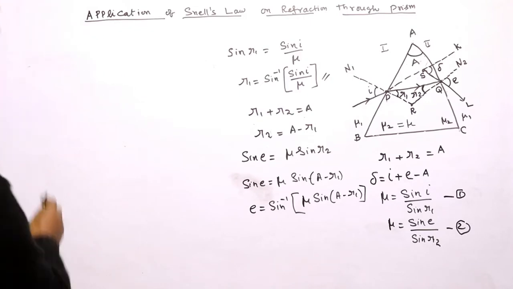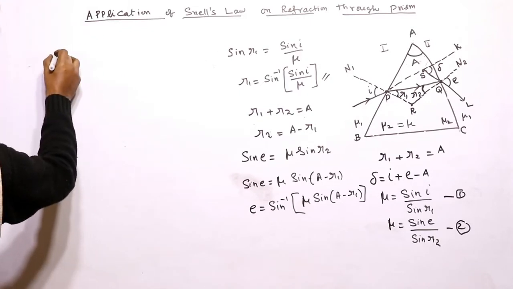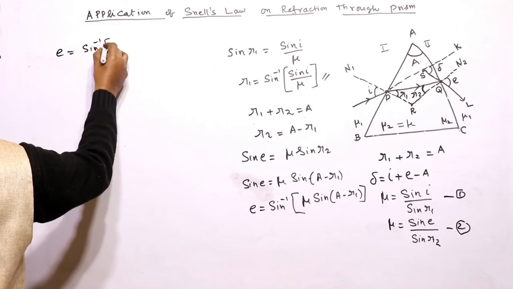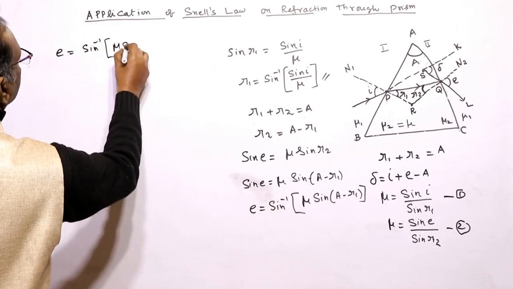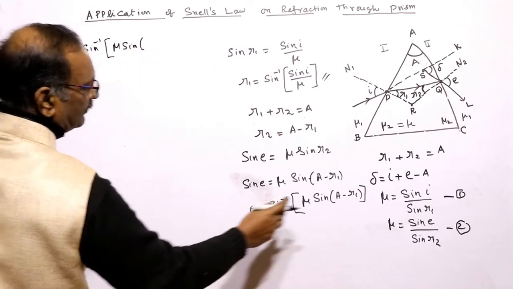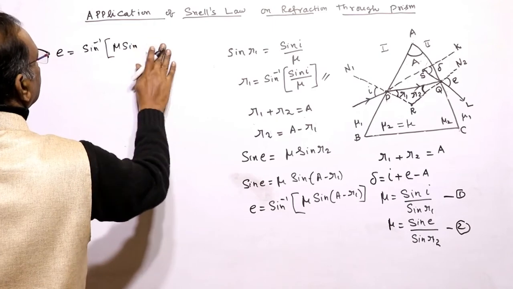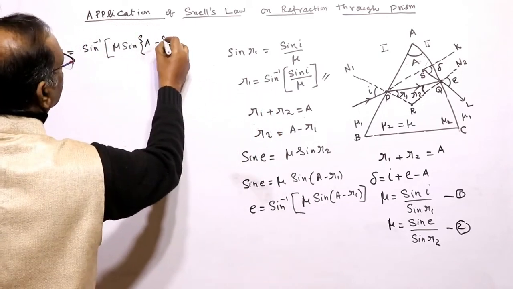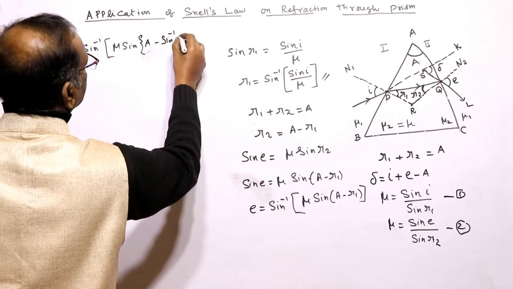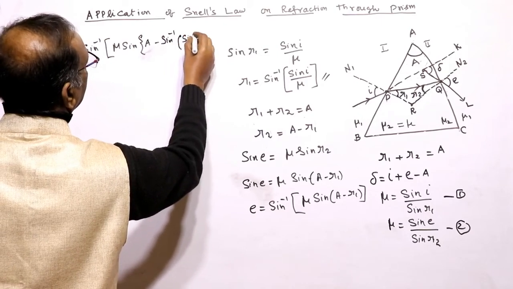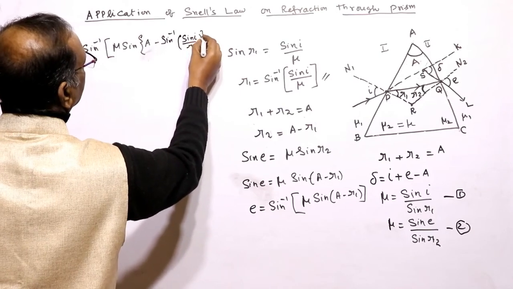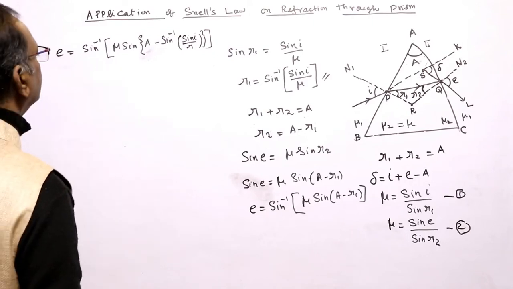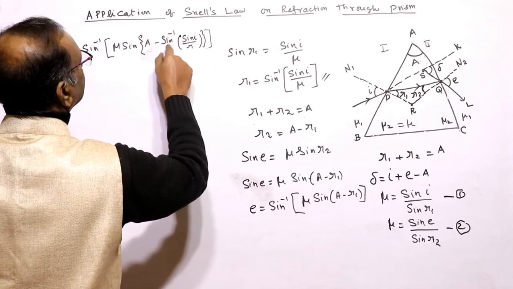Therefore, E is equal to sine inverse of mu into sine of A minus sine inverse of sine I by mu, all the brackets closed.